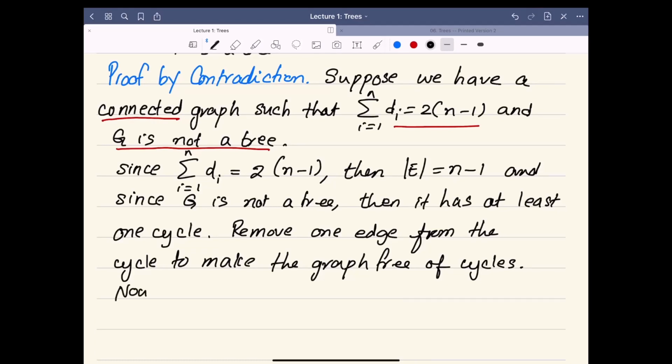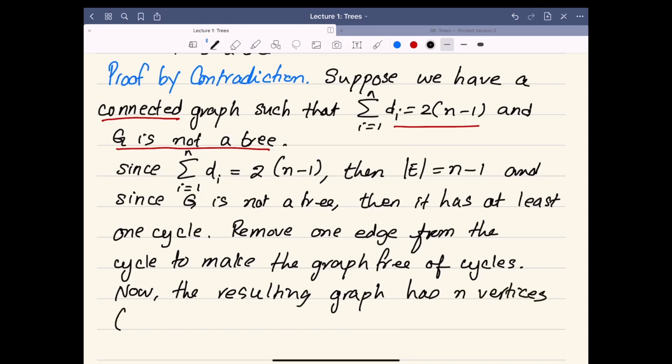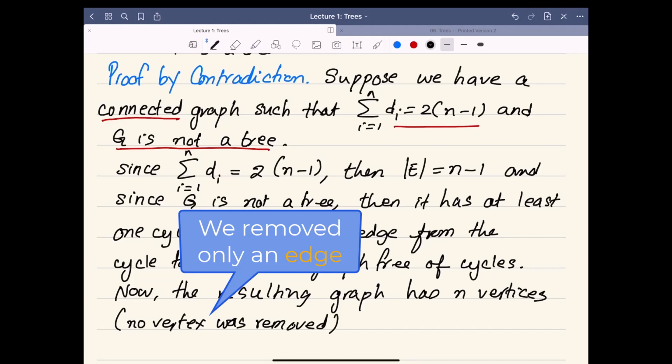Now, the resulting graph has n vertices. Notice that no vertex was removed, and it is a tree.